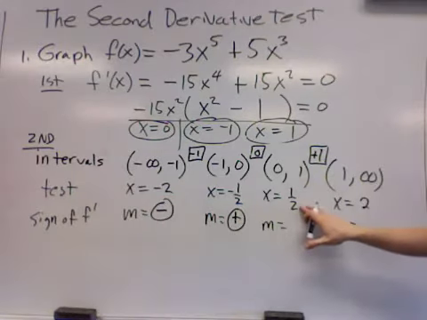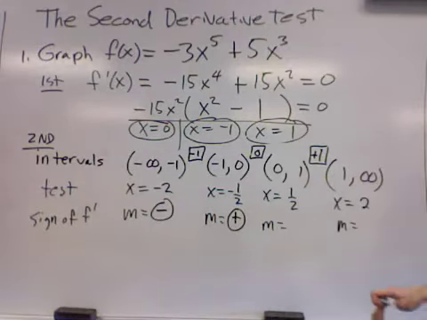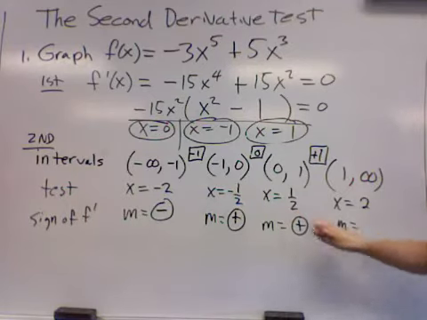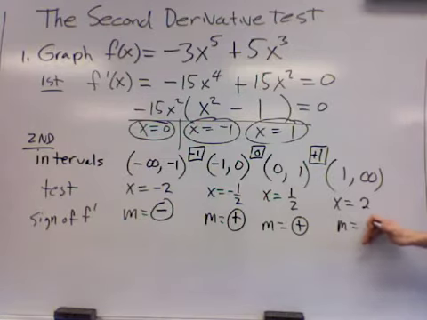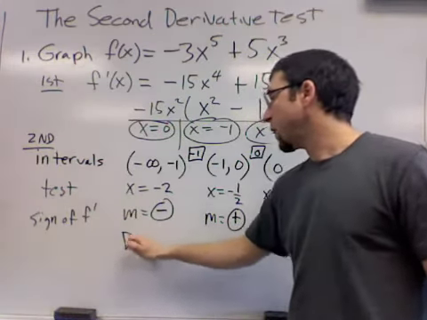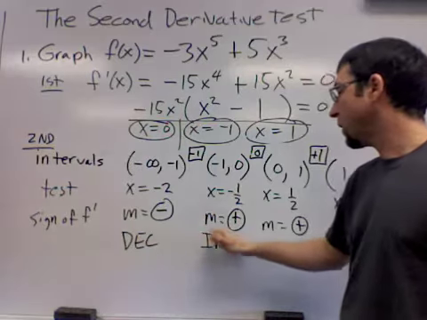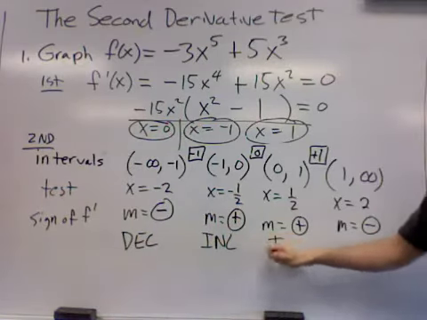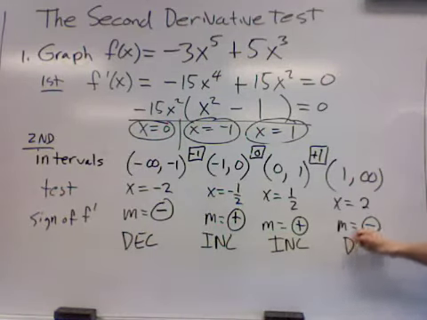When you plug in a +1/2, you also get a positive slope. And finally, it finishes off with a negative slope when you plug in 2 into the derivative. So the conclusion is that the graph is decreasing, then increasing, then still increasing, and then decreasing.